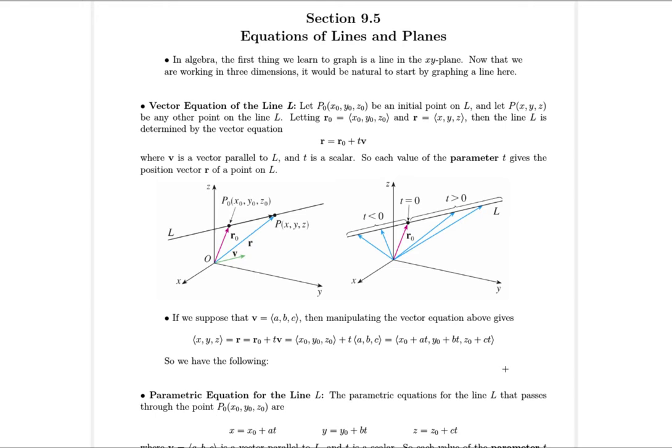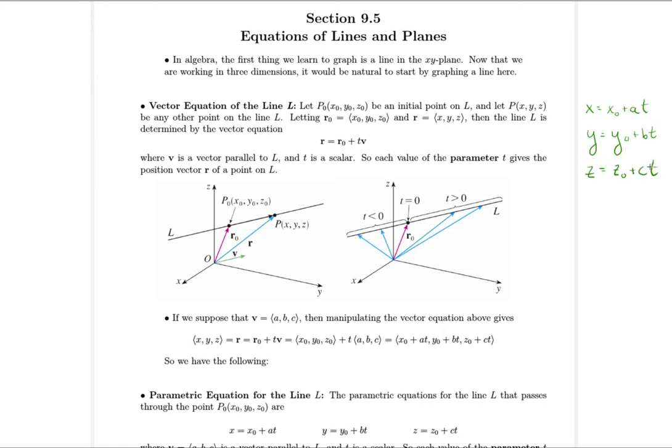Here's an example of a parametric equation that you might have seen before, like x is equal to x0 plus at, where x0 and a are just constant numbers, and t is your parameter value, and you let t be various things. And we can do the same thing for y and for z.